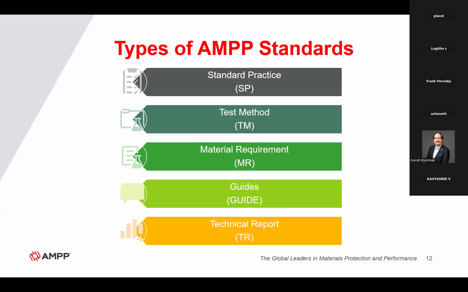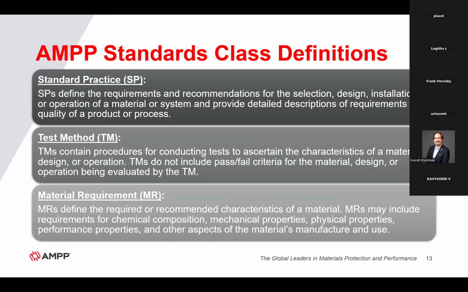So AMP has a few different types of documents, and we'll go into the specifics on what makes each type of these documents different from the others. So a standard practice, as far as AMP defines SPs, have requirements and recommendations for a material or system.